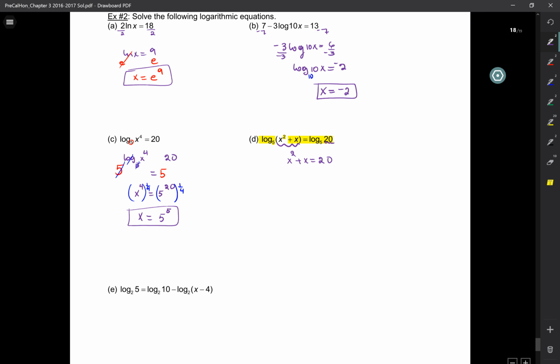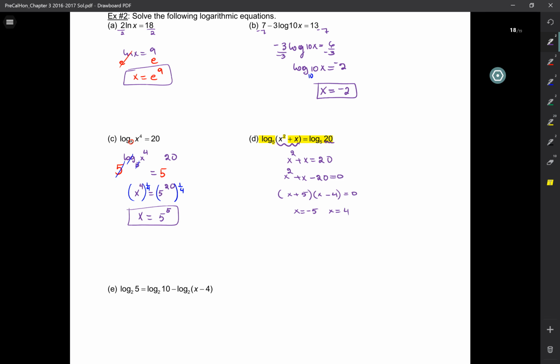Now this looks like a quadratic equation. Well, it is. I bring everything to the same side, set it equal to 0, and factoring it, x plus 5, x minus 4 equal to 0. So x equals negative 5 and x equals positive 4.